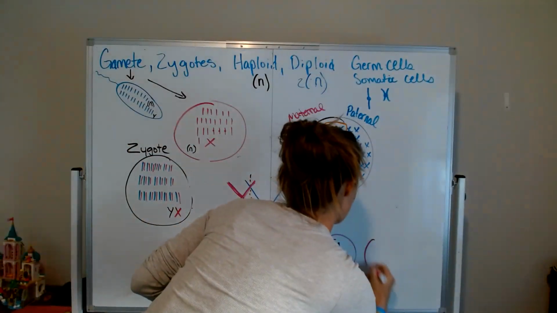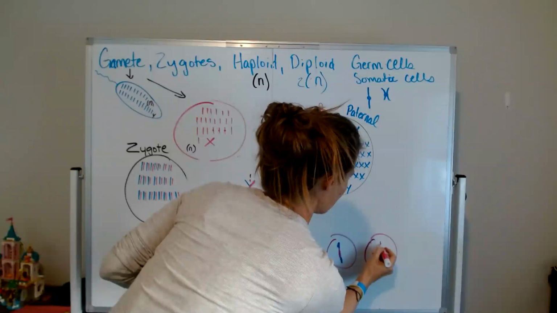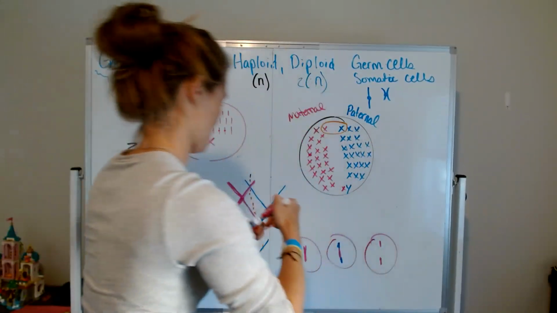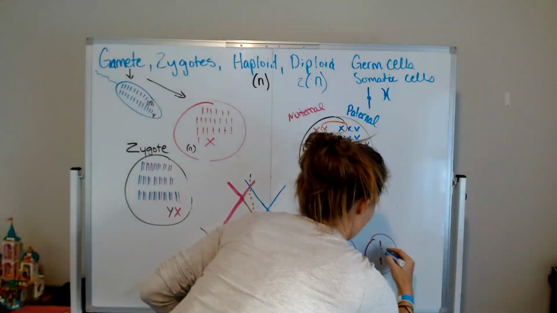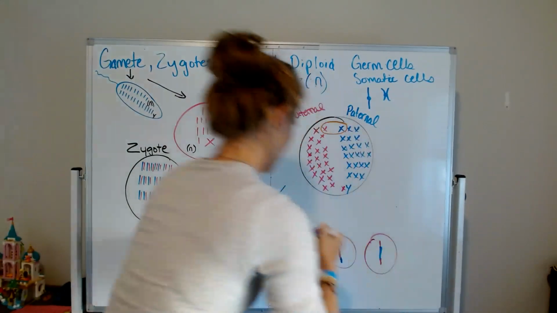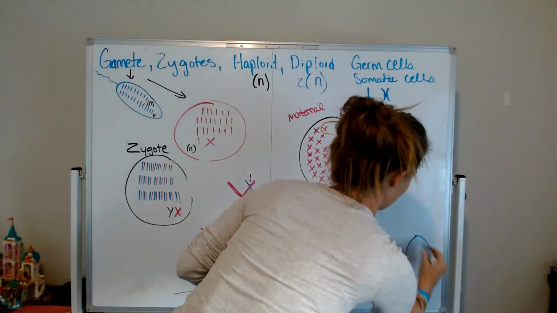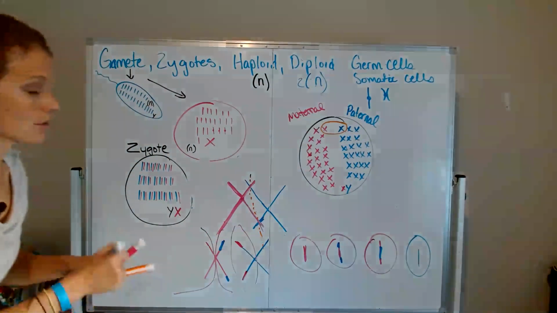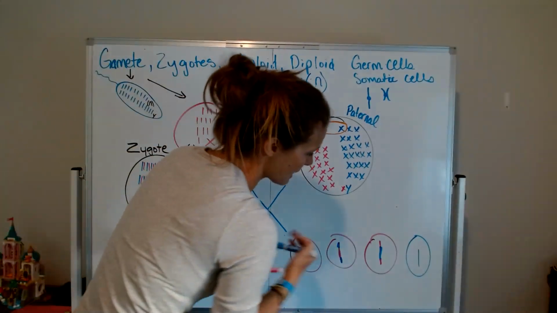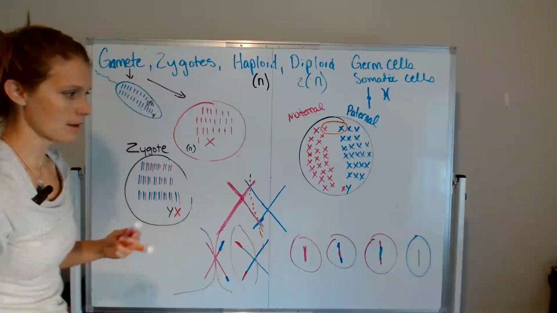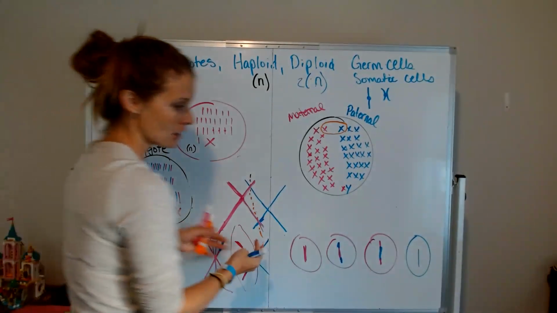And then you'd have one right here, and it has its pink on the top. Okay, and then it's the same. So now we have a new combination of genes, right? We have a new combination. So these are the sex cells.